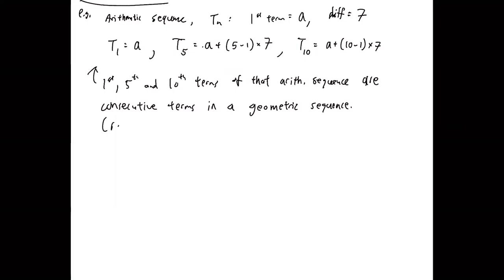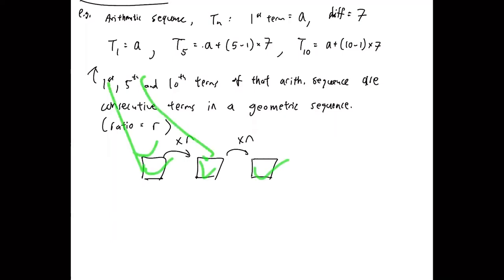What does consecutive terms in a geometric sequence mean? Let's say the ratio equals R. It means you times R, you get the next one, times R, you get the next one. And they happen to be the first, 5th, and 10th terms. In other words, T1, T5, and T10.